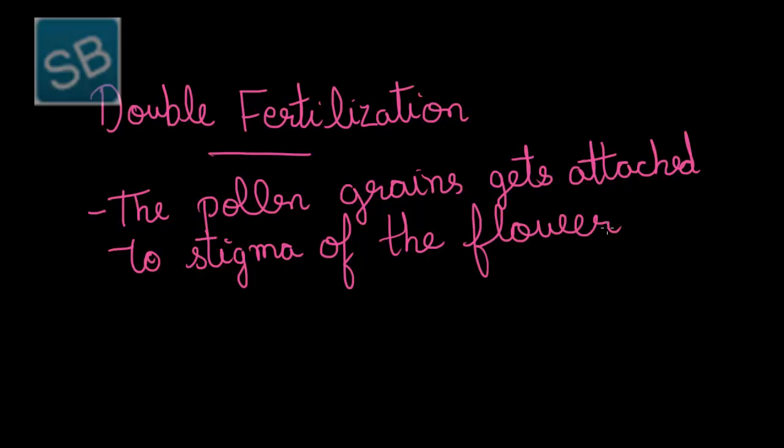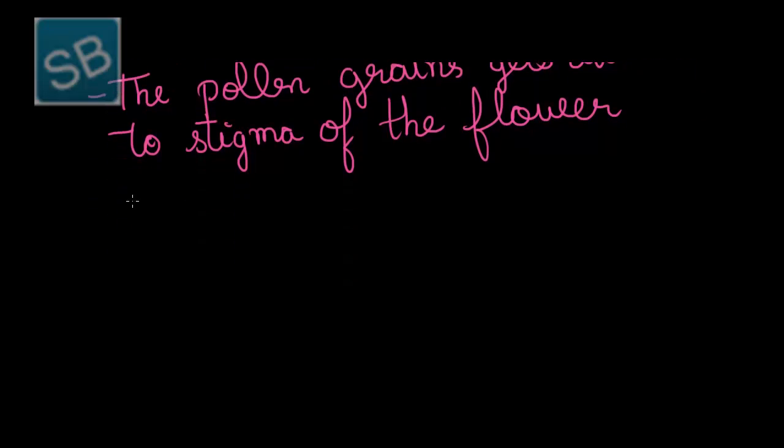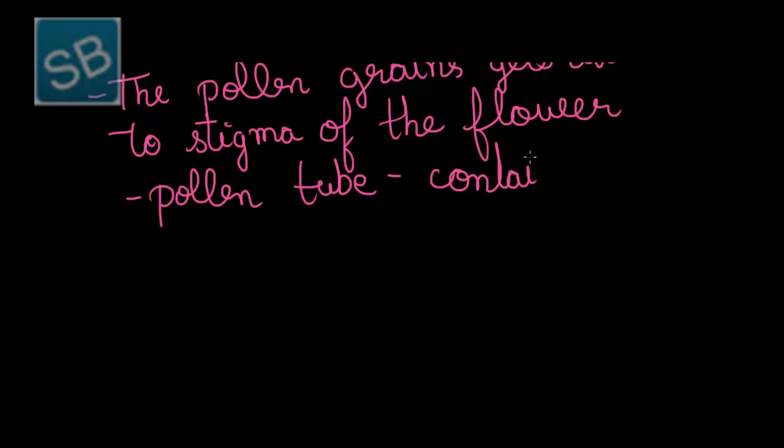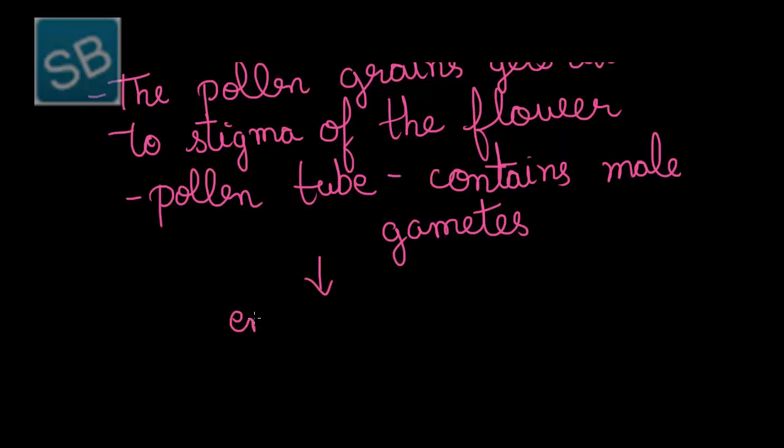After getting attached to the stigma of the flower, through pollination, a pollen tube gets formed. This pollen tube contains two male gametes which enters into the ovule, which is also known as an embryo sac.